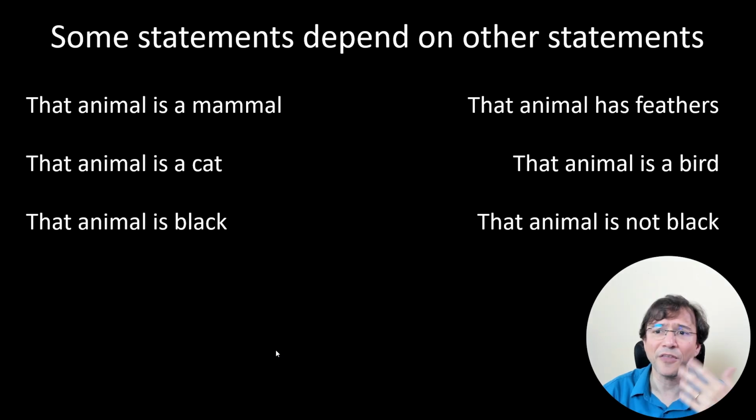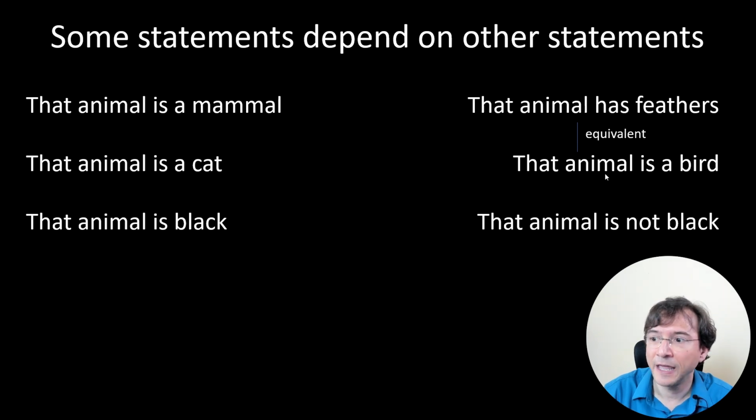Okay, the other thing that we want to analyze is the dependency of one statement on another. We have all these statements, and we saw before that not all of them can be true at the same time. For example, if we say that that animal has feathers and that animal is a bird, these statements are equivalent, because all living animals that have feathers are birds, and all birds have feathers.